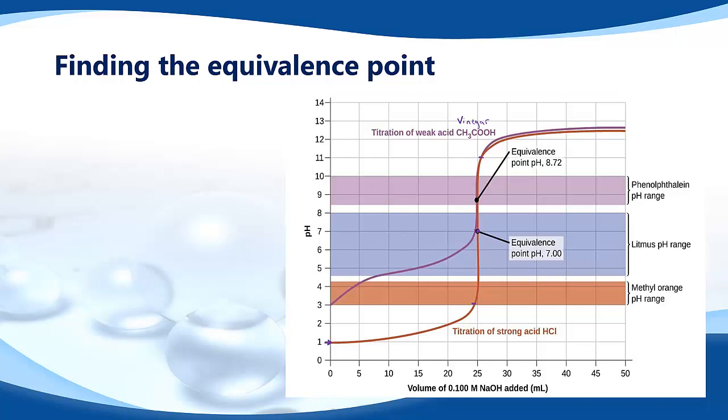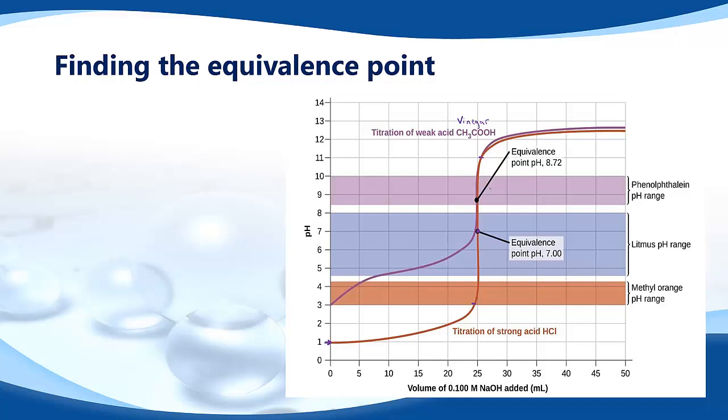The difference in volume between a pH of 7 and a pH of 9 on the strong acid, strong base is maybe a drop and a half at the most. It's not a very large difference, just a few hundredths of a milliliter. The difference in volume is so small that it's not going to be affected by significant figures. That's one of the reasons why we can get away with it.